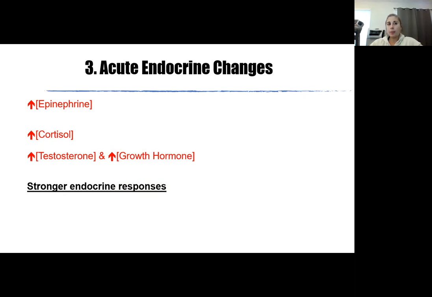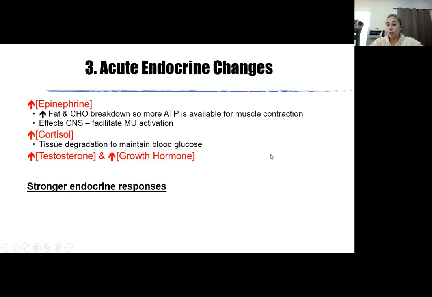The purpose of epinephrine and cortisol is to mobilize those fuel sources so we can use glucose for fuel and create ATP so our muscles can contract. Epinephrine actually helps with the breakdown of fat and carbohydrates, glycogen, so we can make more ATP available, as I said.